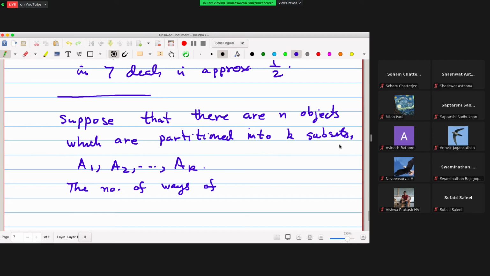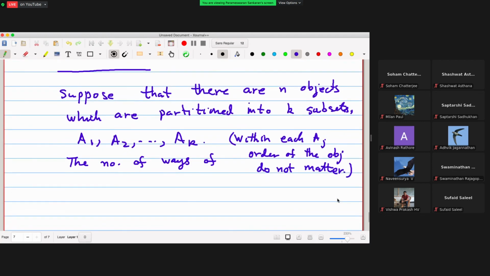Sequences will be different. Within each Aj, ordering doesn't matter. The order of the objects does not matter. That's why I said sets. The number of ways of doing this.